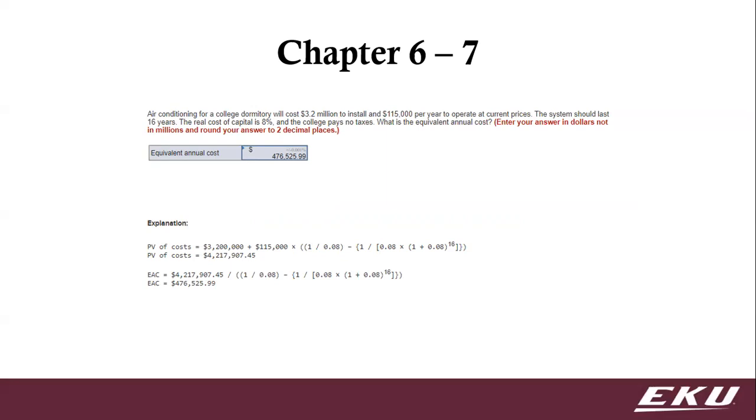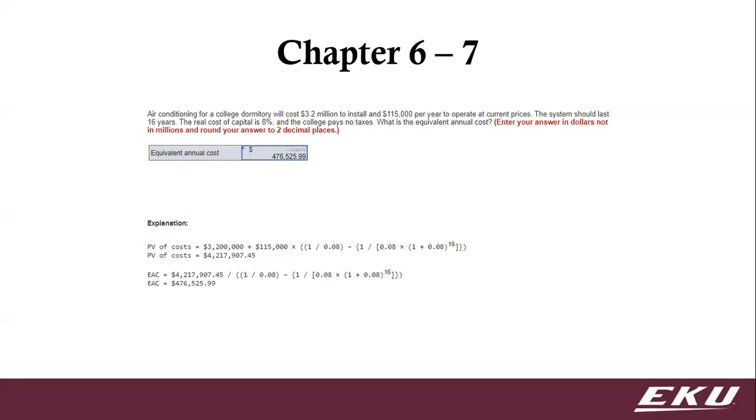And then you would just say, okay, well, what is that if we were to put that in an equivalent annual cost? And that's that second equation listed down there, the EAC. You just take the net present value, and then you just divide that. And if you notice, all that is doing is spreading that out over the 16 years, so that we're what the equivalent annual cost.